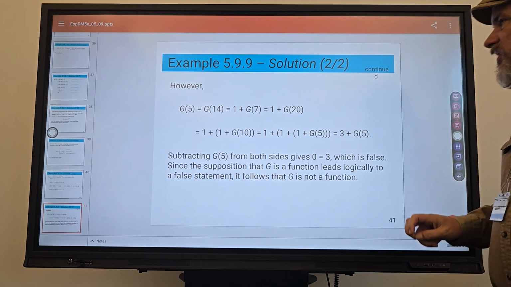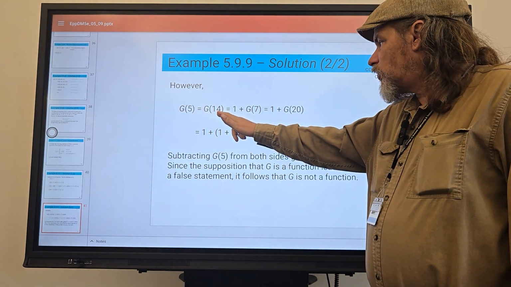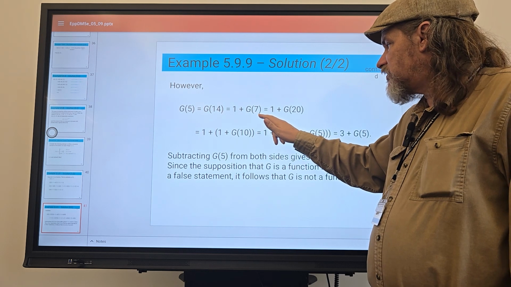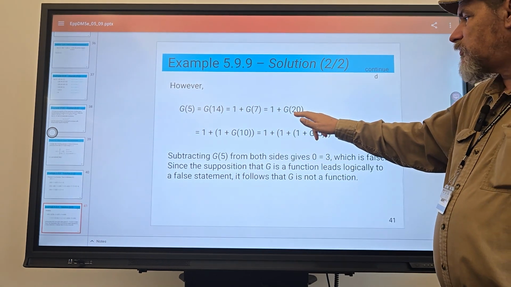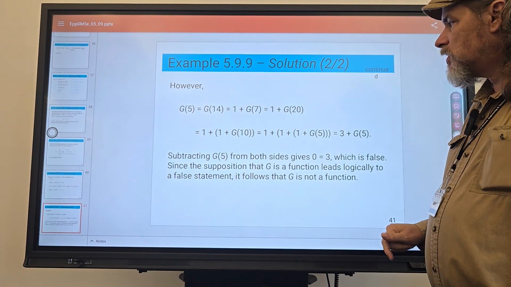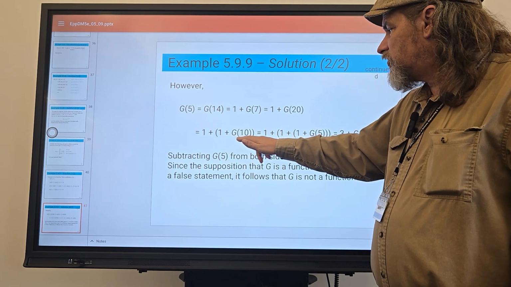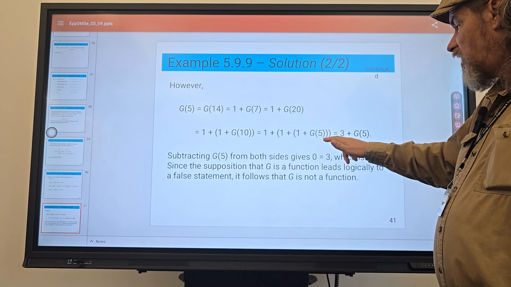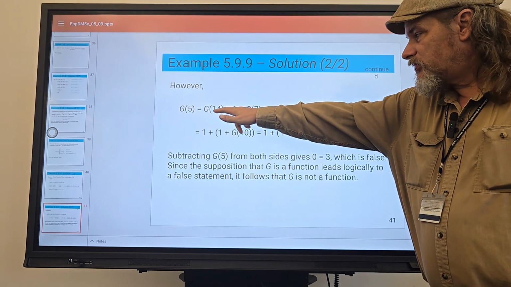Where you run into problems is G of 5. G of 5 is G of 3n minus 1, or 14, which is 1 plus G of 7, which is 1 plus G of 3 times 7 minus 1, or G of 20, which is 1 plus G of 10, which is 1 plus G of 5, which is 3 plus G of 5, which is where we started from.